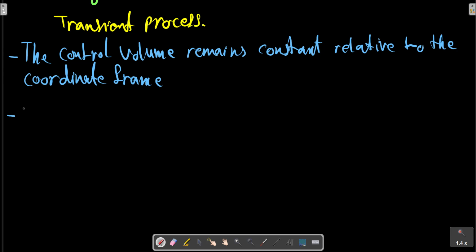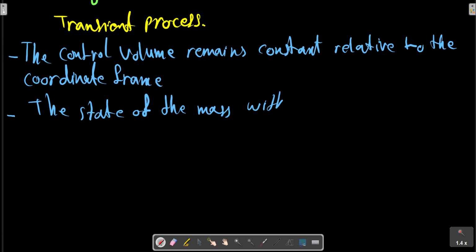The state of the mass within the control volume may change with time.